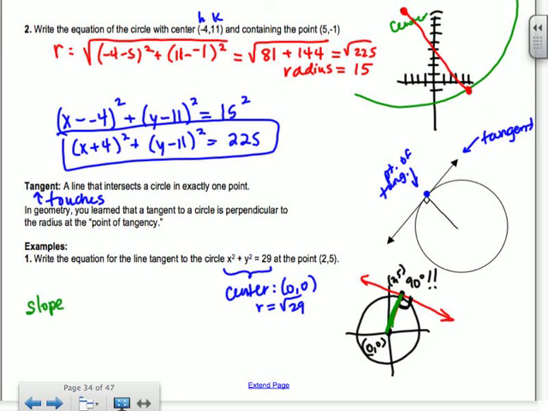I'm going to say slope of green line. Can I find the slope of the green line? Yeah, I have 2 points, right? So we're using (2, 5) and (0, 0) to find the slope of the green line. So it's (5 - 0) over (2 - 0), change in y over change in x. So it's 5 over 2.